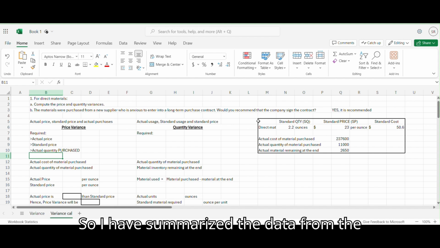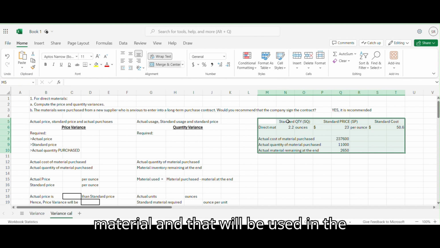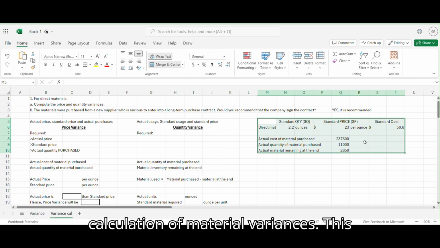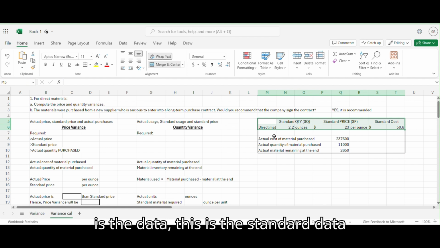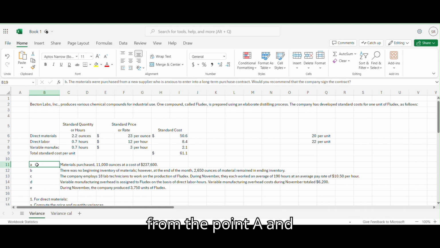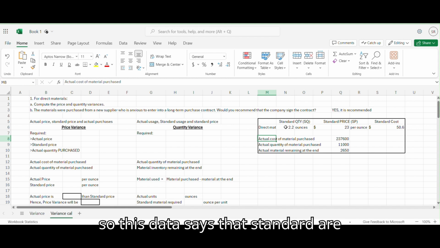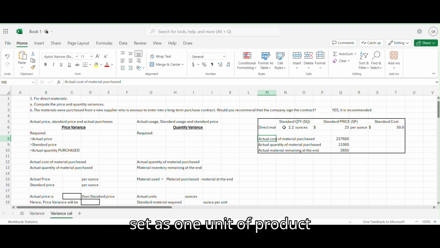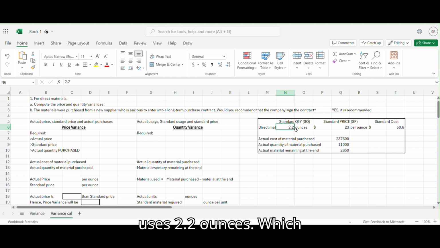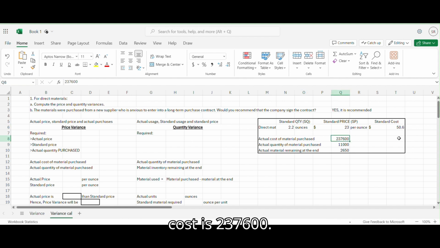Okay, so I have summarized the data from the main question data that is related to the material, and that will be used in the calculation of material variances. This is the standard data, and this is the actual data from point A, B and E. So this data says that standards are set as 1 unit of product uses 2.2 ounces, which is to be purchased at $23 per ounce, and actual material cost is 237,600.